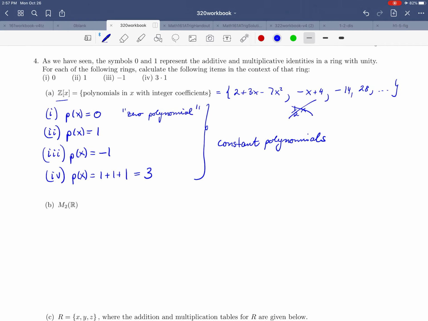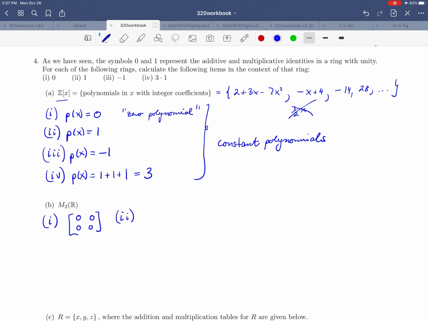Okay, let's look at our second example, part B. So here we are looking at 2x2 matrices with real entries. And what does the additive identity look like? Well, we already looked at examples like this before, so that is the 0 matrix.